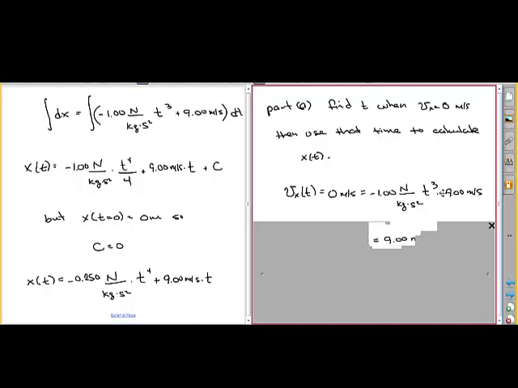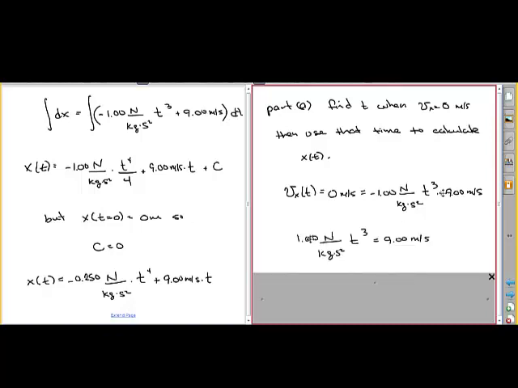So if I subtract this from both sides, I'll get positive 1 newton per kilogram second squared times t cubed equals 9 meters per second. Okay, divide by this constant. t cubed equals 9 meters per second, and what I did is I took the reciprocal of this.